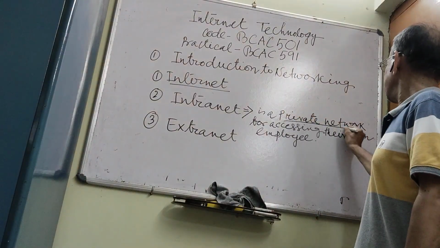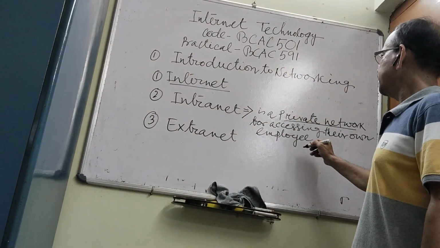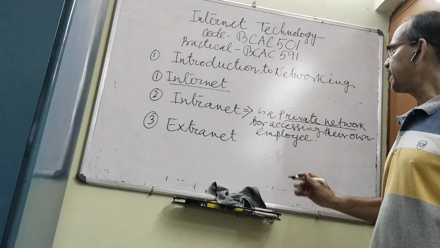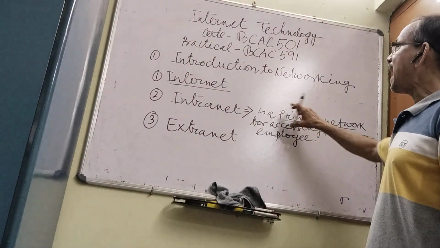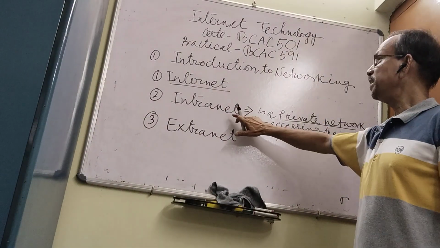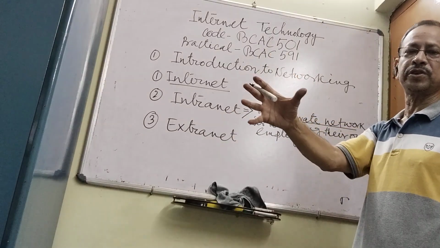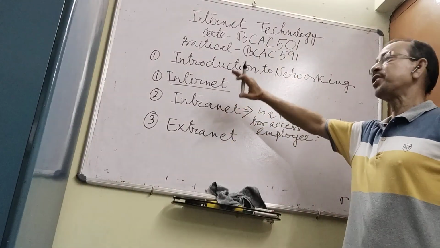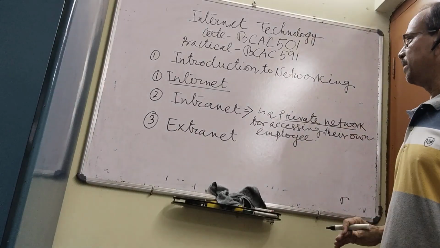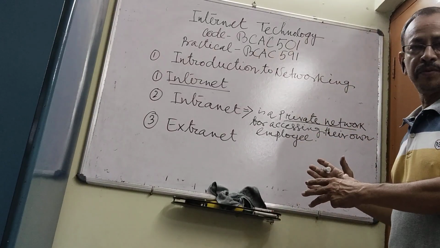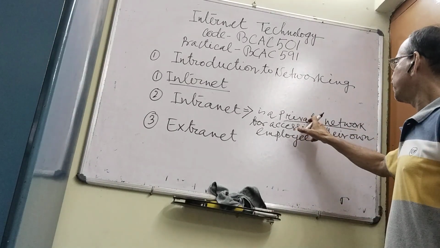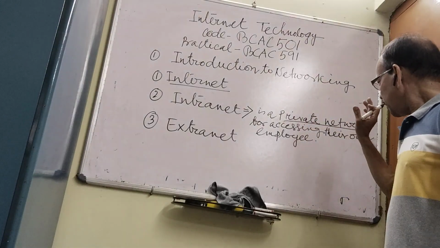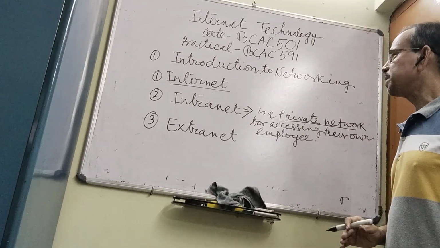It is private, and only the people of the university can access it, not others. Intra means within the organization; the same organization can access the intranet, not others. And it has a small number of employees, a small number of users.